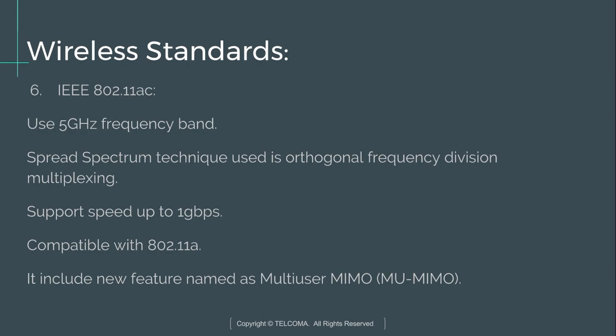The speed supported by these devices is 1 Gbps, and it is compatible with devices that are using the IEEE 802.11a standard, and it includes a new feature, that is multi-user MIMO. In this, it gives the wireless access point, that is WAP, the ability to broadcast packets to multiple users at the same time.